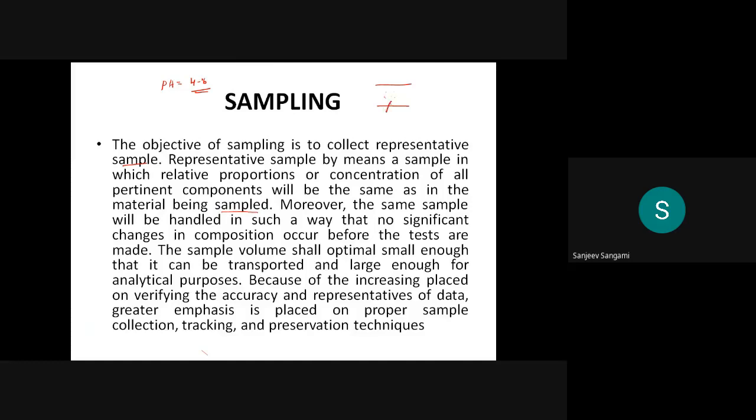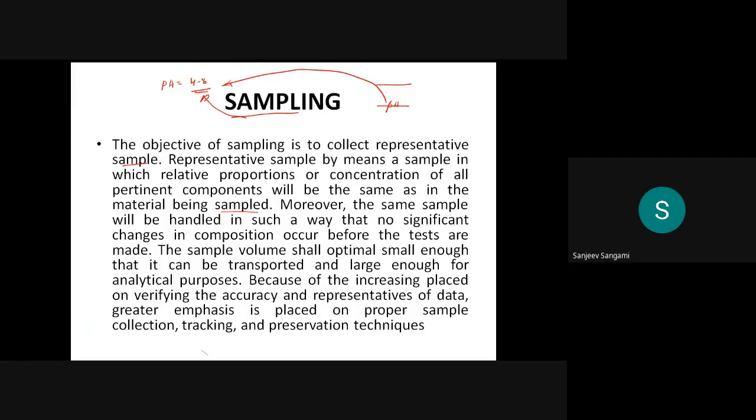Even if you do the analysis for pH in the sewer, it should represent the standard characteristics. The more accurate your sampling is, the more it represents the standard characteristics. That we can call a representative sample.